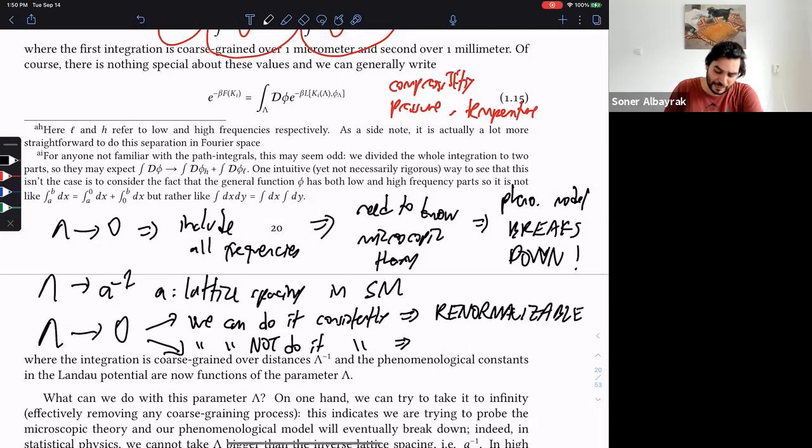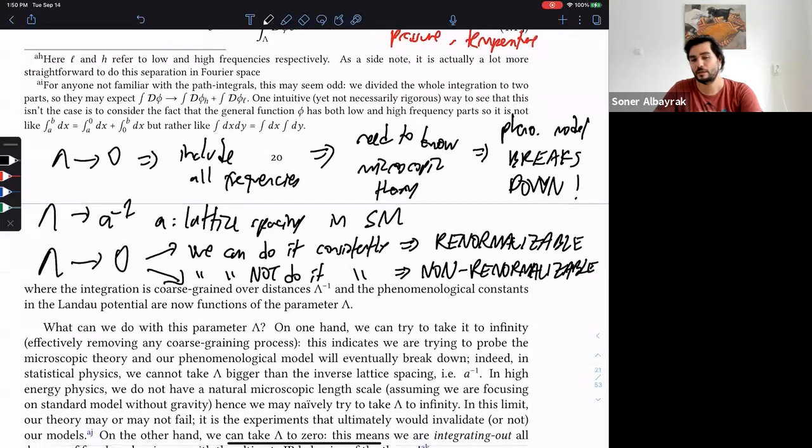And if we cannot do it, then they are called non-renormalizable. Okay, that's the thing. So how much can we consider our cutoff or regularization parameter, can we take it to 0?